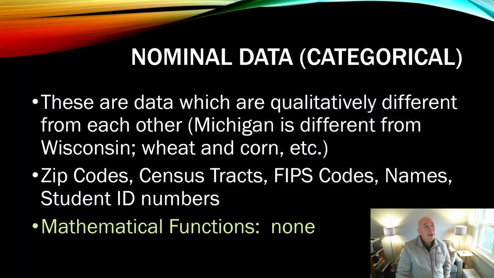So nominal data. Data is qualitatively different from one another. Michigan's different from Wisconsin. Zip codes, census tracts, place names, student ID numbers. You can't do any mathematical functions other than counting how many of these things occur.